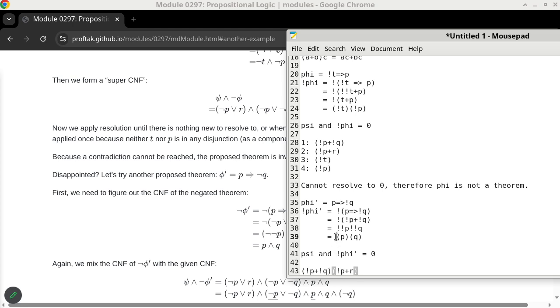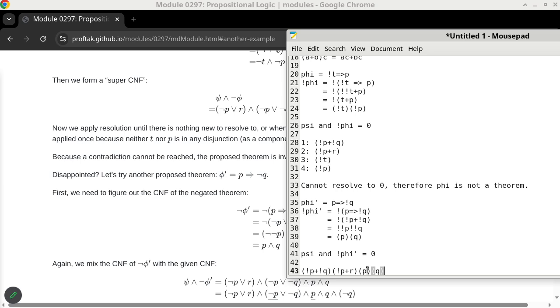Not phi prime is worked out over here. So we stash it right here. So once again, we have a concatenation between psi, which is consisting of these two disjunctions, and then we have the negation of the expression that we want to find out whether it's a theorem or not, and that would be this portion here. So are we still doing okay so far with these steps?